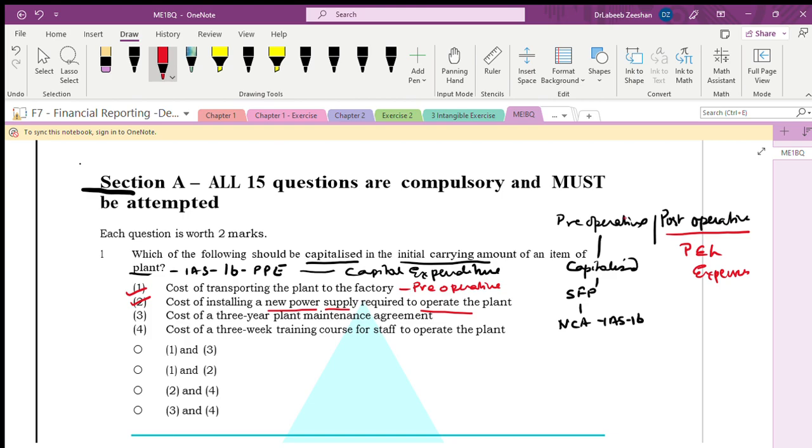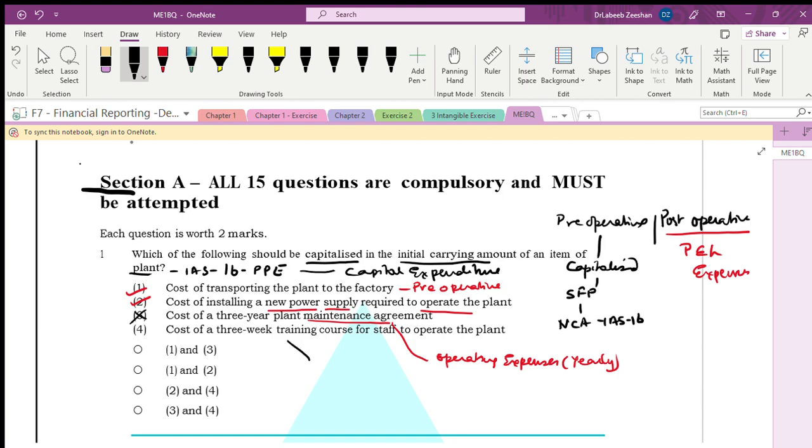They ask which of the following should be capitalized. Cost of 3-year maintenance: maintenance is going to be an operating expense. It happens on a yearly basis, so it is an operating expense. Now, cost of 3-week training courses. It is staff training.